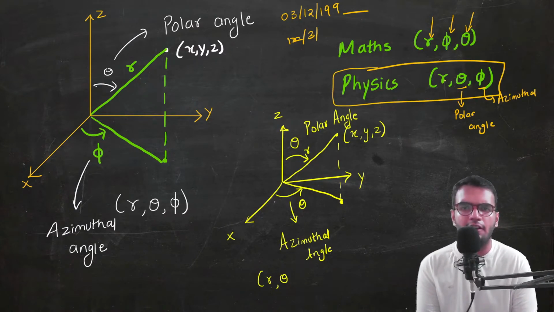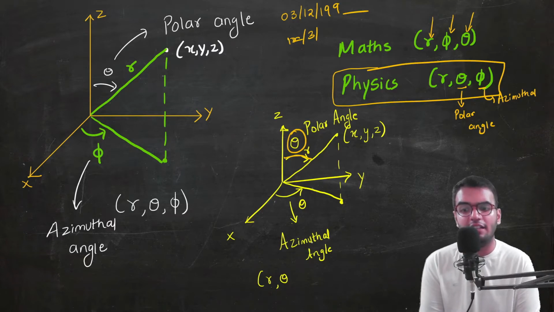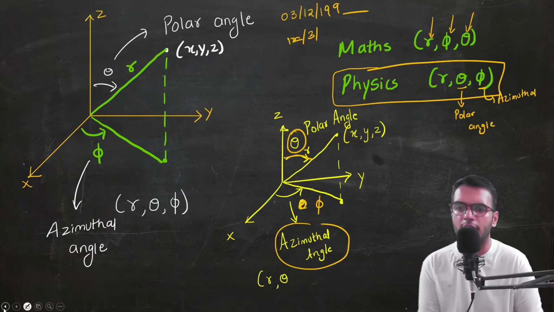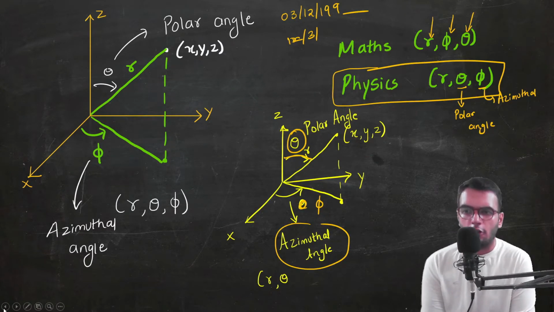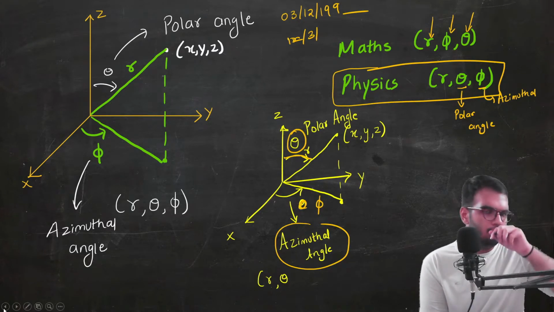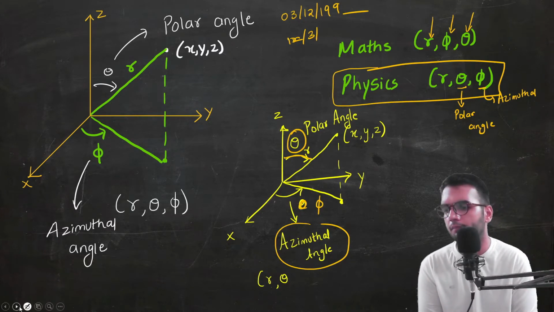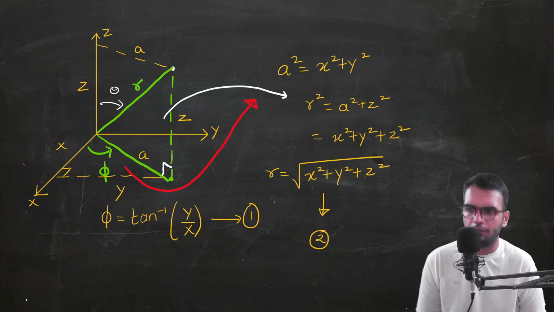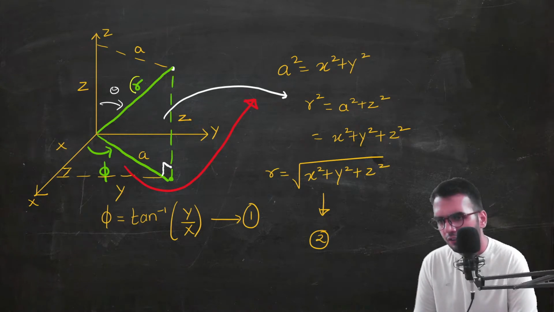In physics, we will write r first, then the polar angle, denoted by theta, and then the azimuthal angle, denoted by phi. These are the basic definitions and conventions. Draw this diagram in your book first and then proceed ahead, because the maths will go on increasing exponentially. So let's start. This is the r distance.